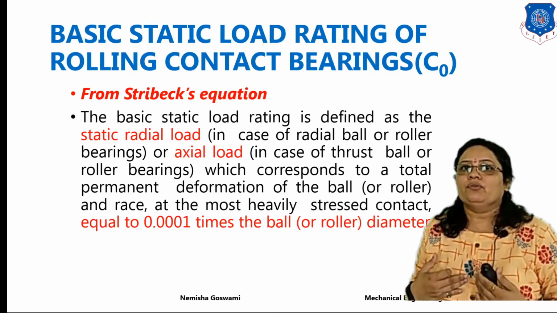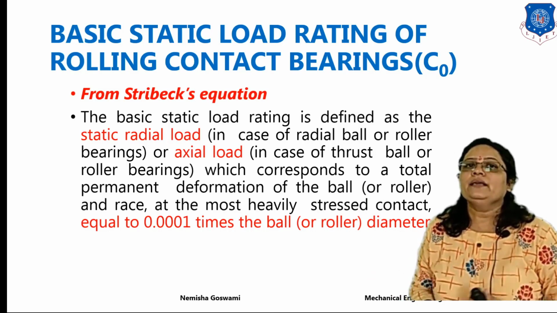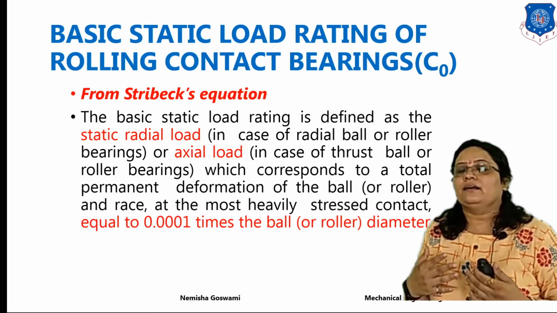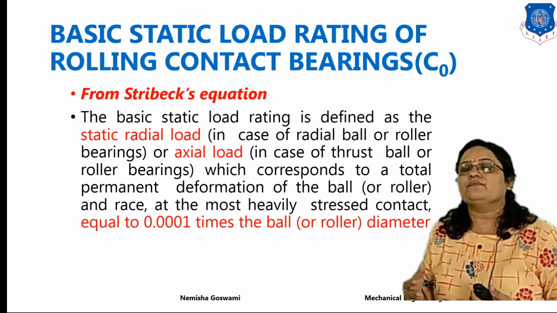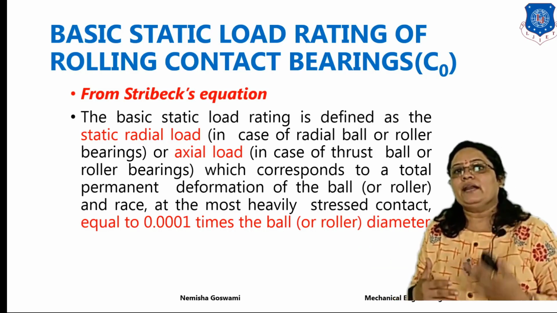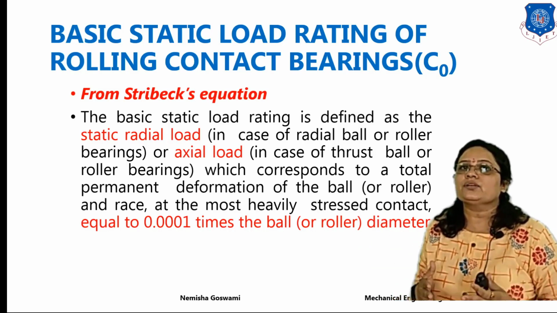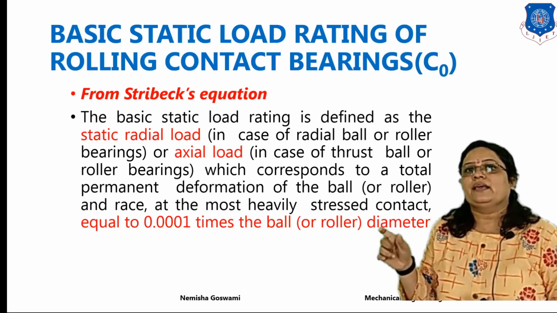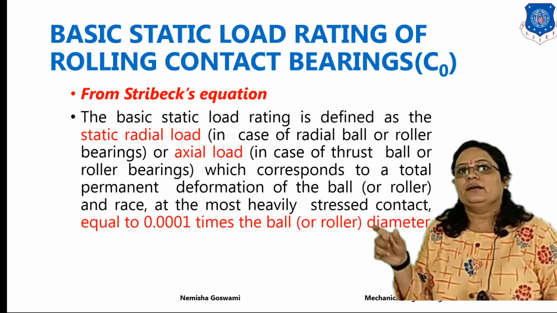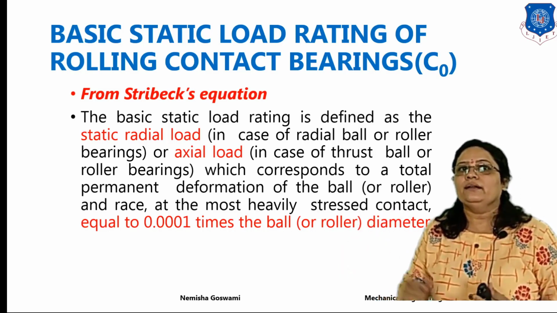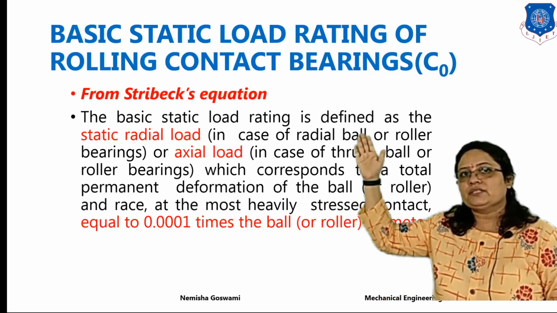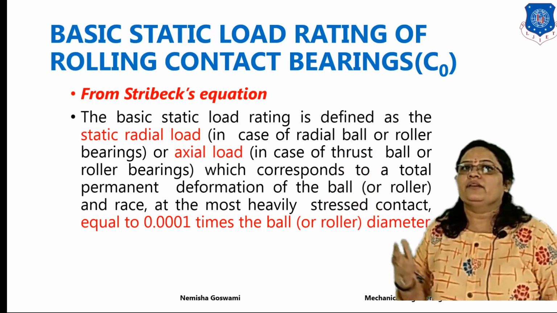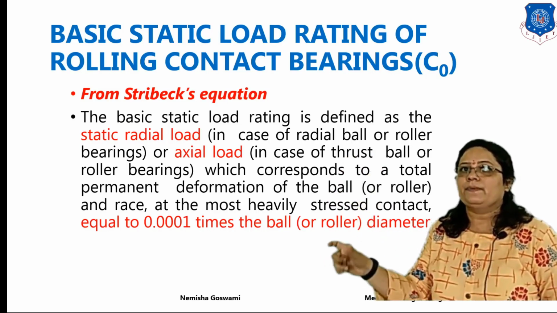For a ball bearing we say it is 0.0001 times the ball diameter, and for the load condition of a roller bearing we take this amount times the roller diameter. This is the basic condition, which was explained by the Stribeck equation.